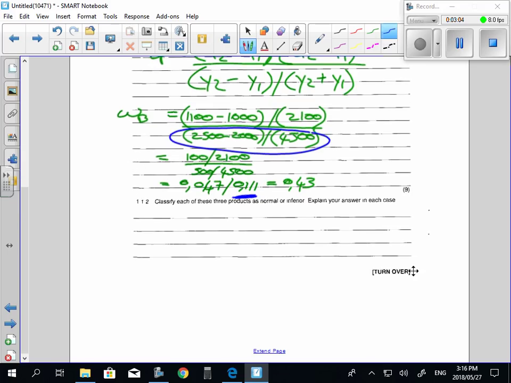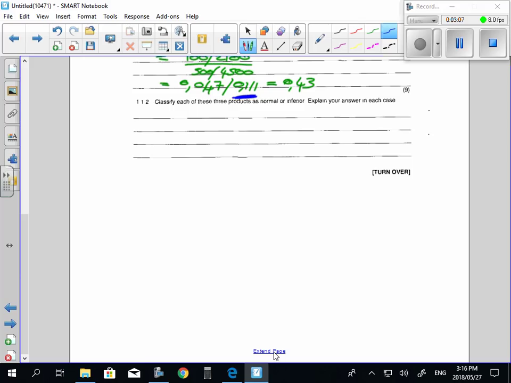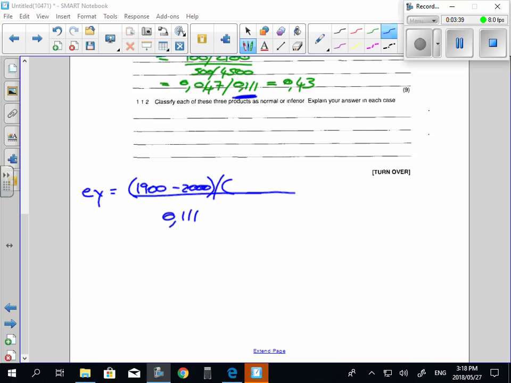Okay? So for your brown bread, the income elasticity is equal to, so when your income increases from 2,000 to 2,500, for your denominator, you can just simply fill in the 0.111, and then you just solve for your change in consumption of your brown bread, which changed from 2,000 to 1,900.